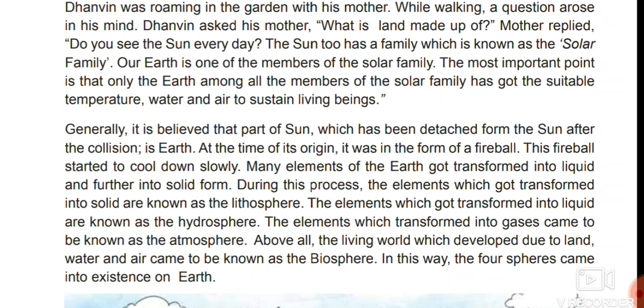Many elements of the Earth got transformed into liquid, and further into solid. The elements started taking some form. Some took liquid form and some took solid form. During this process, the elements which got transformed into solid are known as lithosphere.